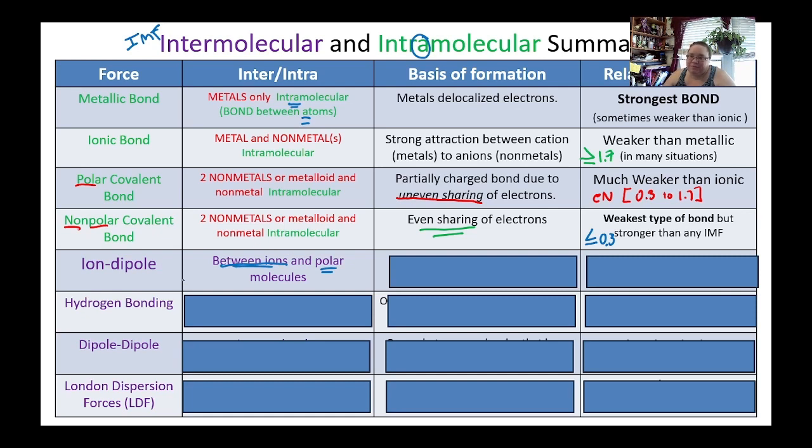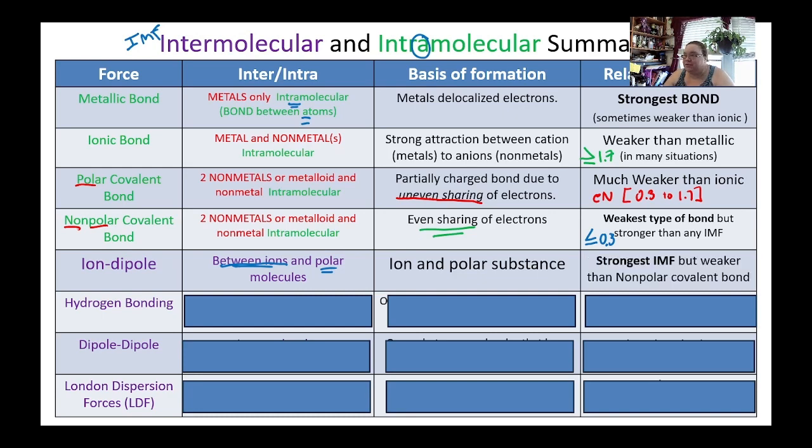So this would be something between like the sodium ion and water when we dissolve sodium chloride within water. That's an intermolecular attraction. It only forms between ions and polar substances. So if we don't have ions or we don't have polar substances, you cannot have an ion dipole situation.